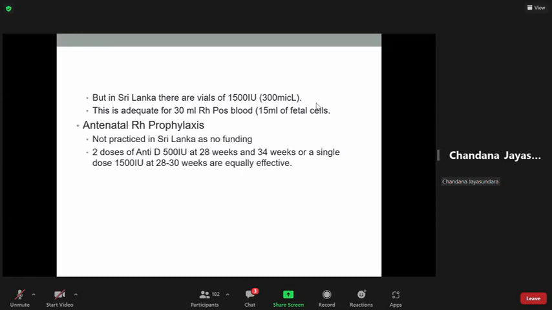But if you want to be very safe, we can give antenatal prophylaxis as well. There are 2 methods of administering it: one dose of 1,500 units at 28 to 30 weeks, or the other method, giving 2 doses.